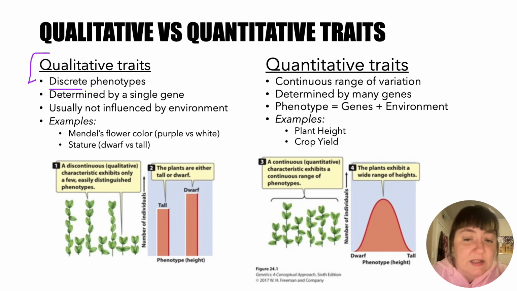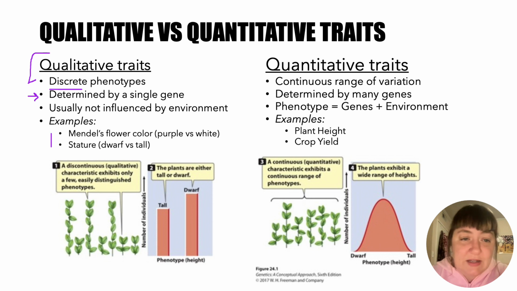So they're easily distinguished from each other and they're different from each other. These tend to be determined by a single gene. All of Mendel's were. And they're not very influenced by the environment. So whatever allele a plant or organism has, that's what phenotype they'll get.